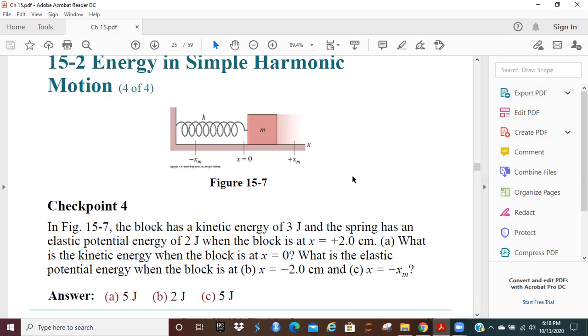And then when x is equal to minus x of m, the elastic potential energy when the block is at x is equal to minus x of m, you're going to have 5 joules of energy, because when it gets to the maximum, it's no longer moving. And when it's not moving, it doesn't have any kinetic energy anymore. It's all potential.